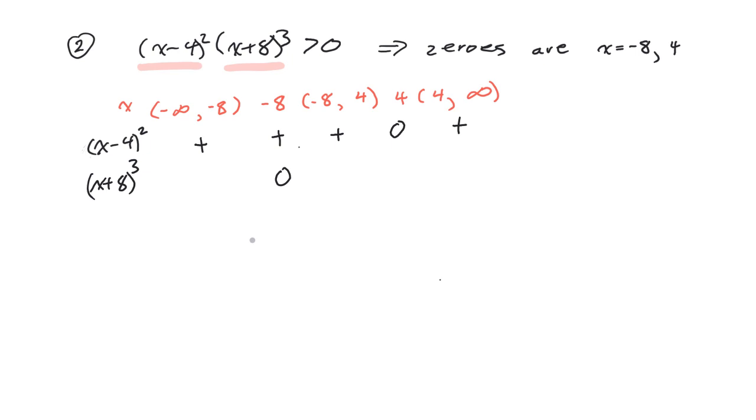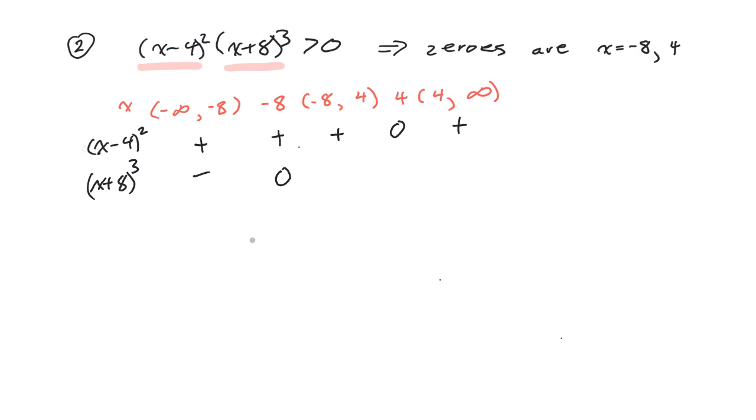So our cubic function is going to be negative in the interval between negative infinity and negative 8. And that's because when you punch in, say, negative 9, plus 8, you get negative 1. You cube it, it ends up being negative 1 cubed, which is negative.